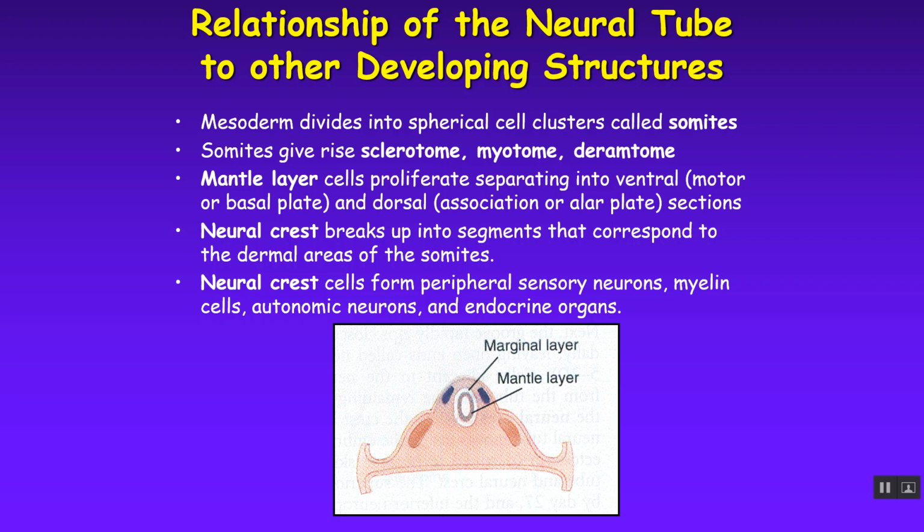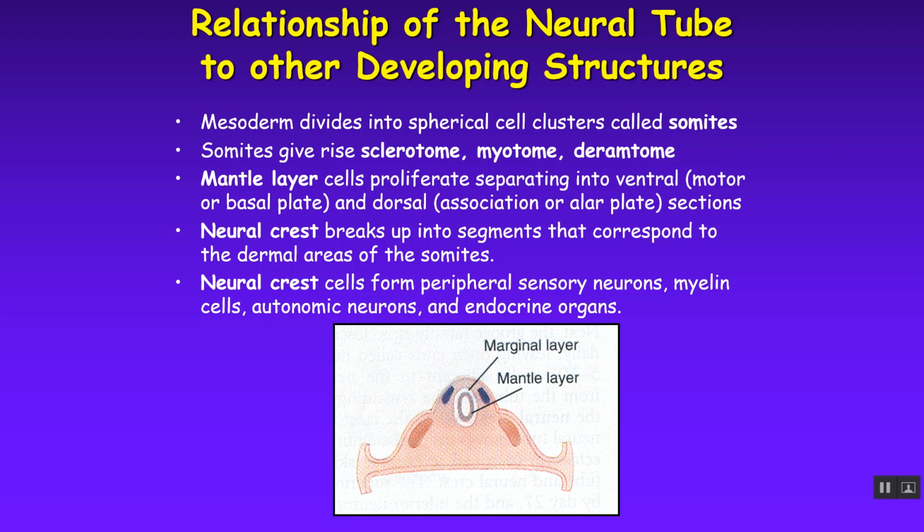So relationship of neural tube structures to other developing structures, we've already talked about this: the sclerotome, myotome, and dermatome, those differentiating cells within the mesoderm, the somites that are in the mesoderm. That mantle layer we talked about, eventually the mantle layer cells proliferate and separate into a ventral motor, or basal plate.